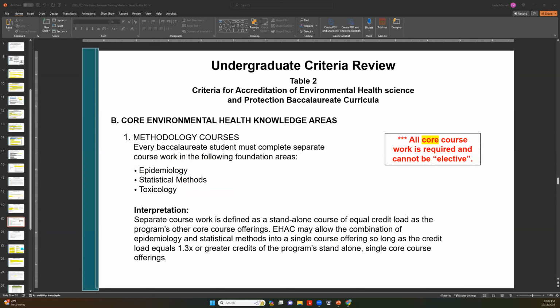So here's the core environmental health knowledge areas, the 3 methodology classes, EPI, STATS and TOX. And of course, there's the interpretation below that. And again, as I'd mentioned, you see here in the red that this is required, non-elective.